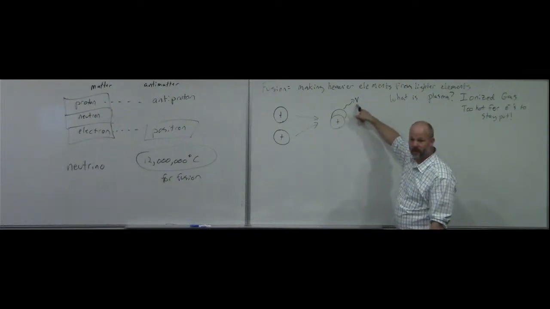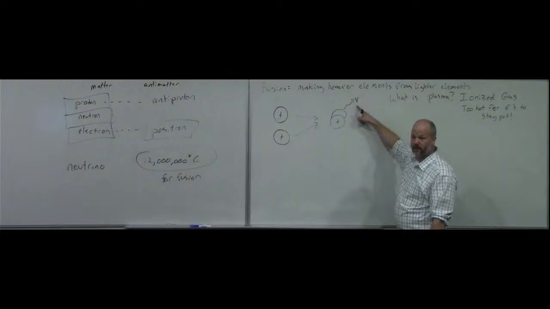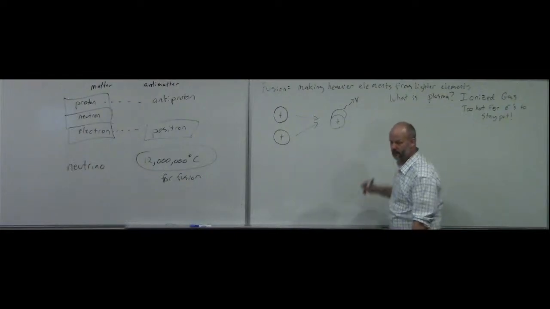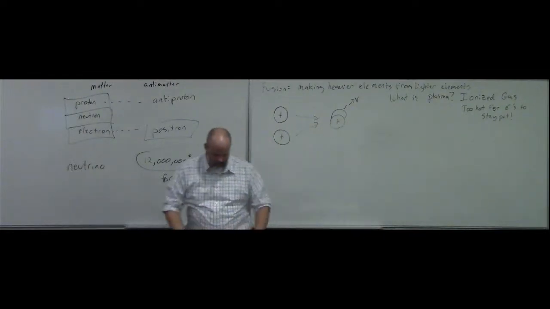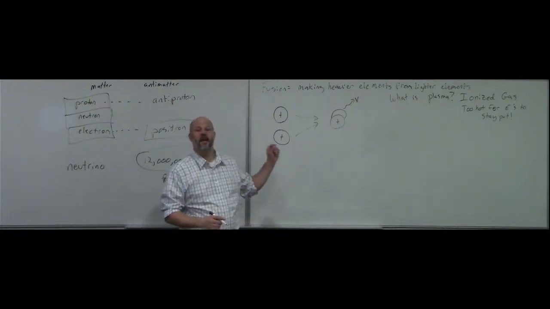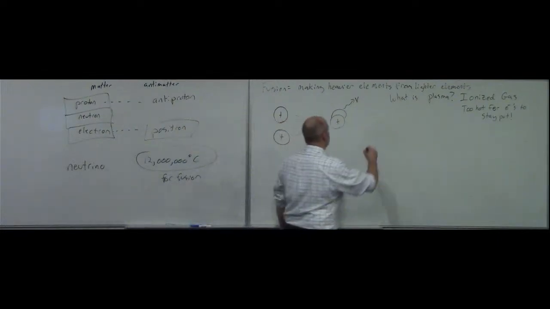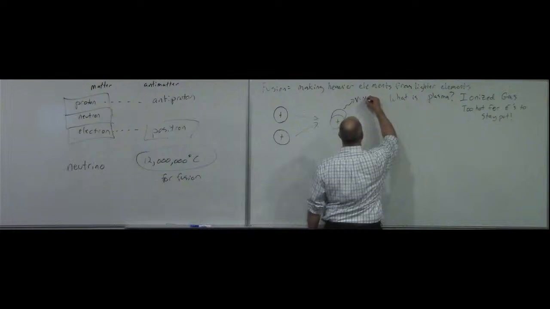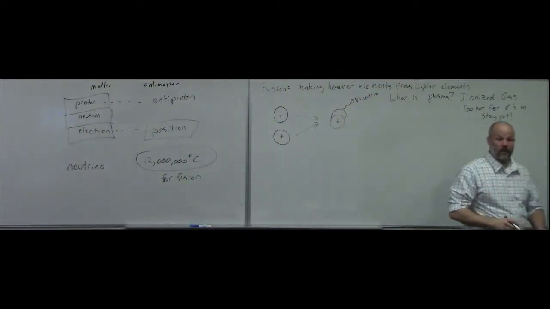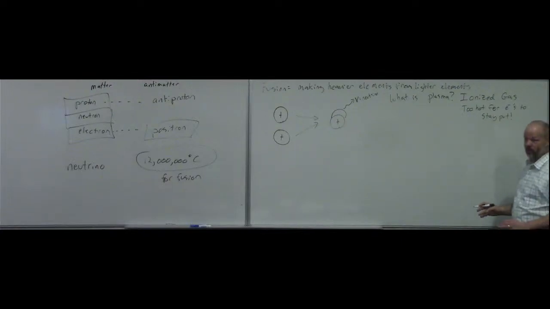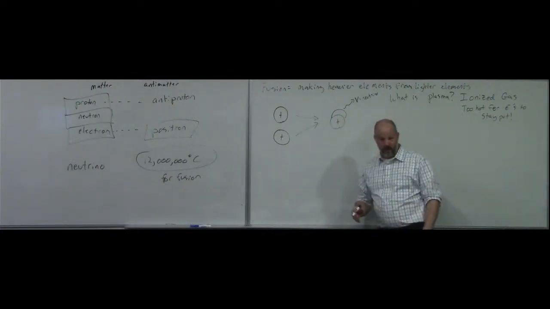What is this V? Does yours say? It just says a V? Okay, you've got to know this. This is a neutrino. Label that. This is exactly what you're going to have to be able to do on a test. I'm going to ask, what is V?